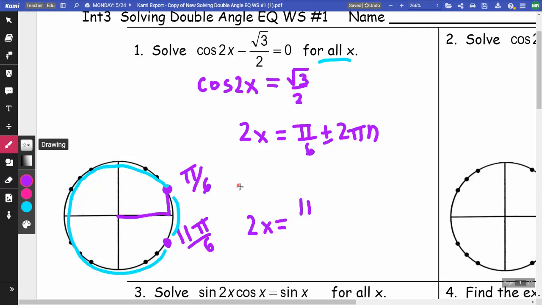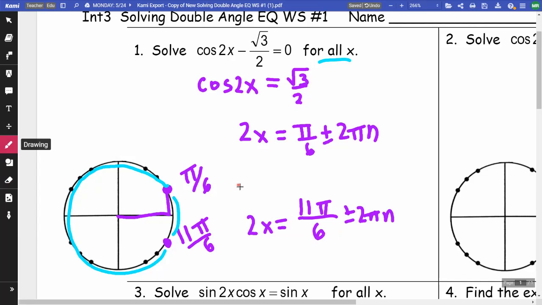Let me just write that a little nicer. So 11 pi 6 plus or minus 2 pi n. Now we want to solve for x, not for 2x. So I'm going to divide this by 2, which when I do, it's going to go in my denominator, and I divide this by 2. I'm going to do the same over here.